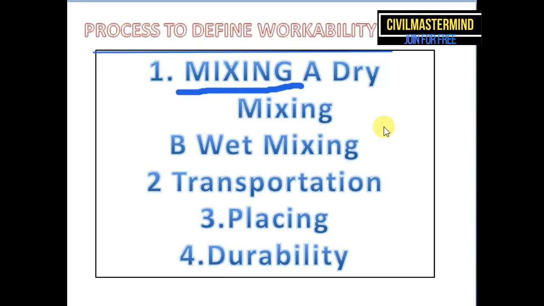Then the second procedure is transportation. Wherever that material has been made, it has to be transported to some location nearby where the construction, or say for example the wall is being constructed or even the slab is being constructed. So wherever we are constructing anything, it has to be transported to that particular point.